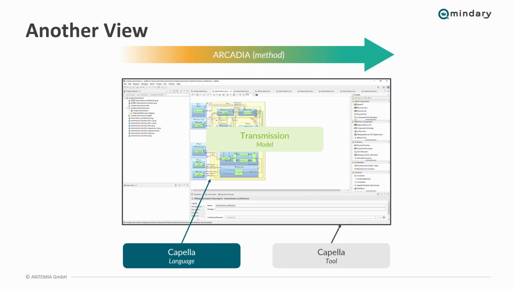So the creation of the model by using the Arcadia method requires inputs, such as requirements or stakeholders, and creates as an output the system architecture model. But there is one thing missing, and that is you. Someone who knows different modeling languages, methods, and tools, understands their mechanism, and knows how to bring the system modeling activities into the development process so that other activities and team members can benefit.